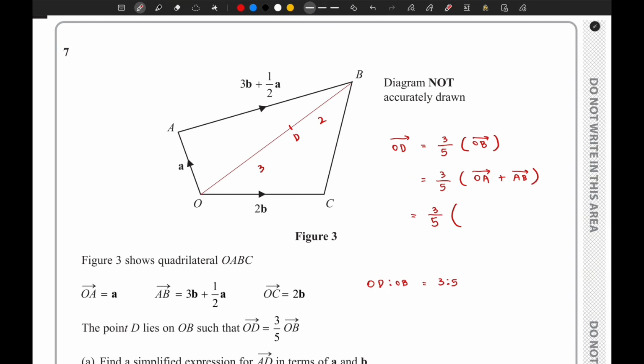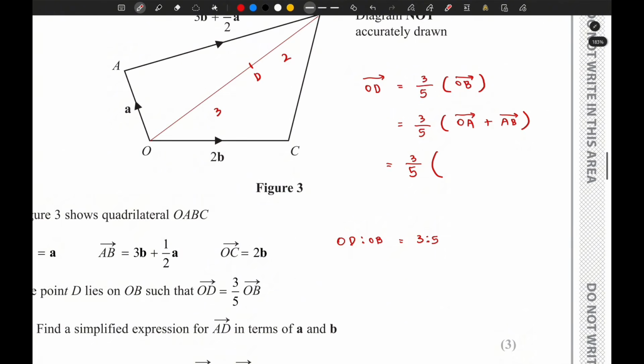That makes things much easier. So that's 3 over 2 a plus 3 b, which is 9 over 10 a plus 9 over 5 b.